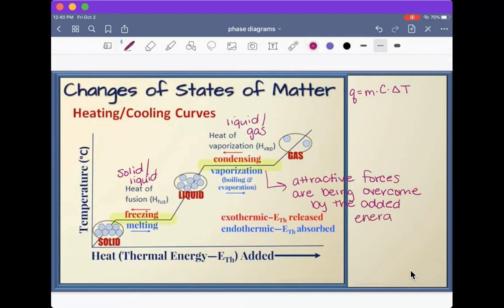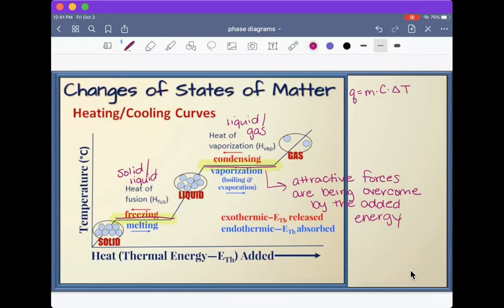The phase change is actually occurring in those moments. So in these areas of the graph, the phase change is actually occurring. The heat or energy being applied is not raising the actual temperature of the substance. It's being used to overcome those attractive forces to separate those particles so that it can become a gas or it can become a liquid.